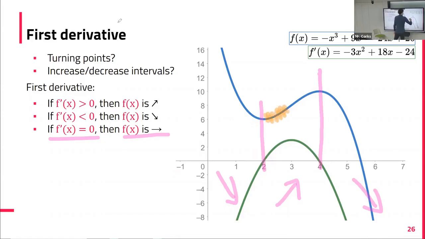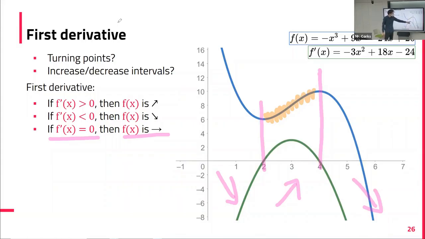Next, we can do a little bit more. Let's look at this middle part between the two turning points. What is the original function doing over that section? It's increasing. It's going up the whole time. What is the derivative function doing over that interval? It's partly increasing, then partly decreasing, but that's a separate thing.